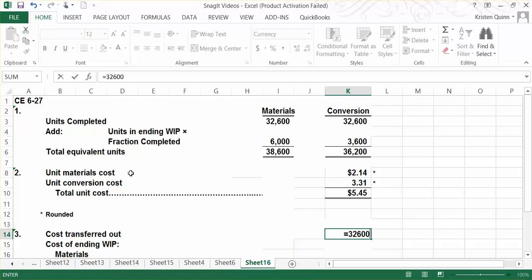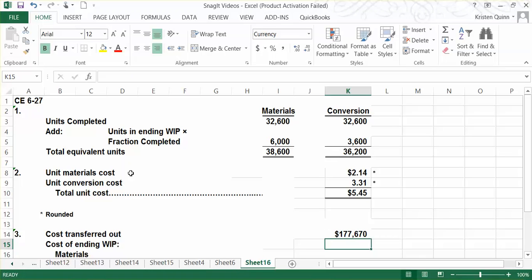And if they're completed, that means they had to be complete in terms of materials and conversion. So we can simply multiply that amount by the $5.45 total unit cost amount. That gets us the total cost transferred out of $177,670.